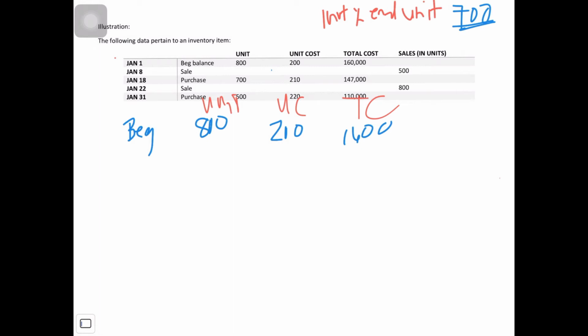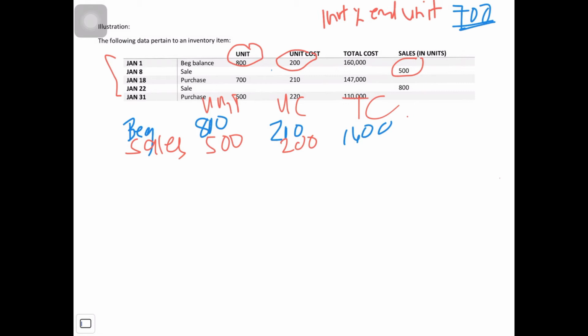So after the beginning, we have here the sales. How much? It's 500 units. And then we are going to use this 200 na unit cost because since atong 500 is gikan diri sa 800 na beginning, na ang cost niya is 200. So 500 times 200, so it would be 100,000. So this is 160,000 guys.